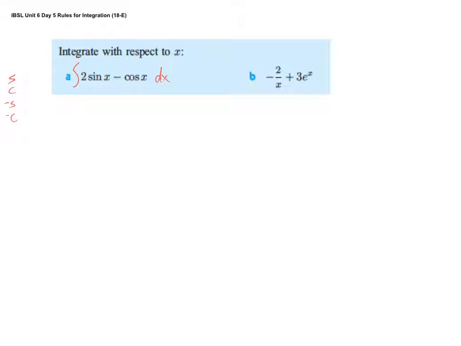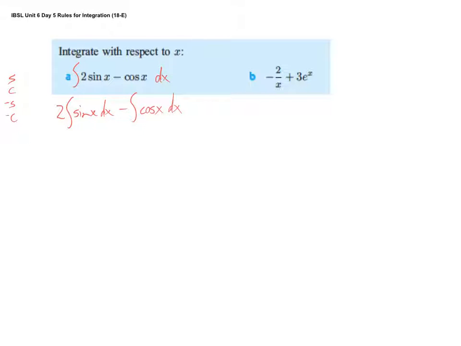Remember the rules that we learned last Friday say that if we have things that are added or subtracted, we can separate them. While you may not need to write it this way, at least mentally you can look at it this way: 2 times the integral of sine of x dx minus the integral of cosine of x dx.